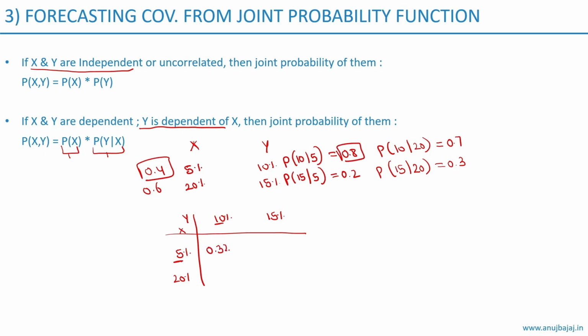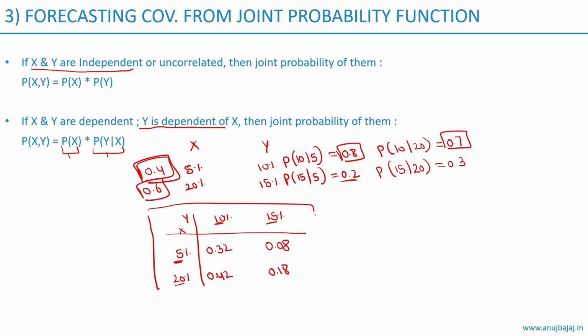We get 32%. And the joint probability of 5 and 15 equals 40% multiplied by 20%, which is 0.08. Similarly, for 20 and 10, we multiply 60% by 70%, we get 42%, and here we get 18%.